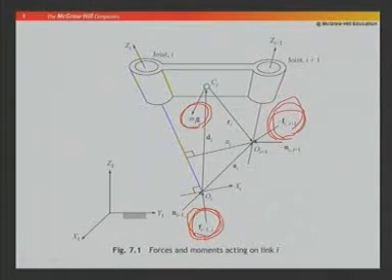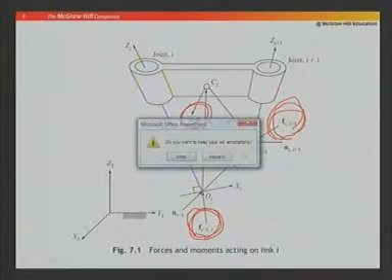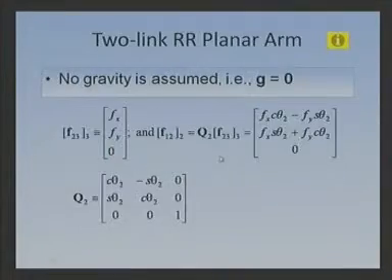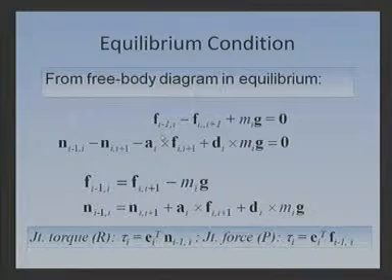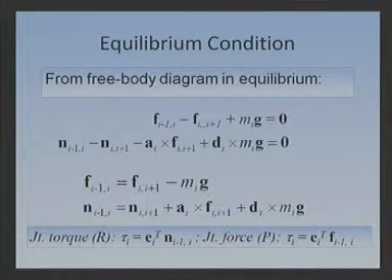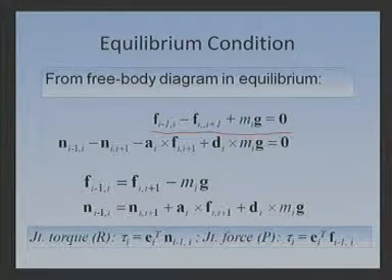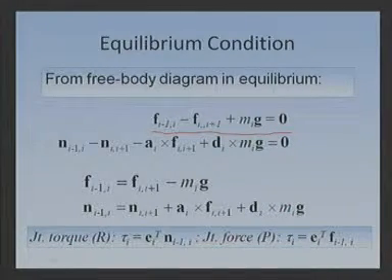That means no motion is being applied on it. This is the same thing I have written here: F(i-1,i) minus F(i,i+1) plus m_i g is equal to 0. So this is the force balance equation.